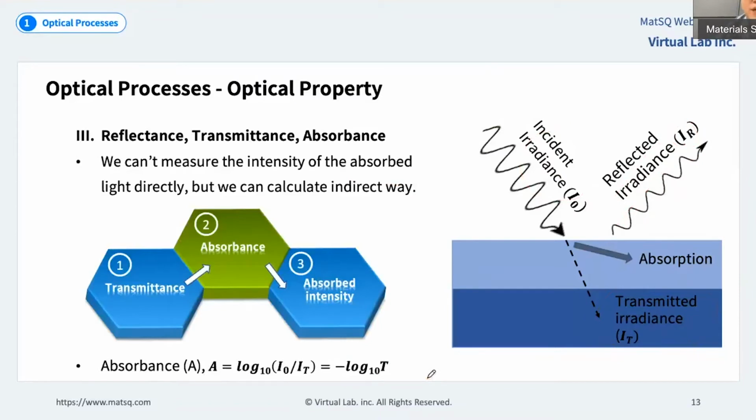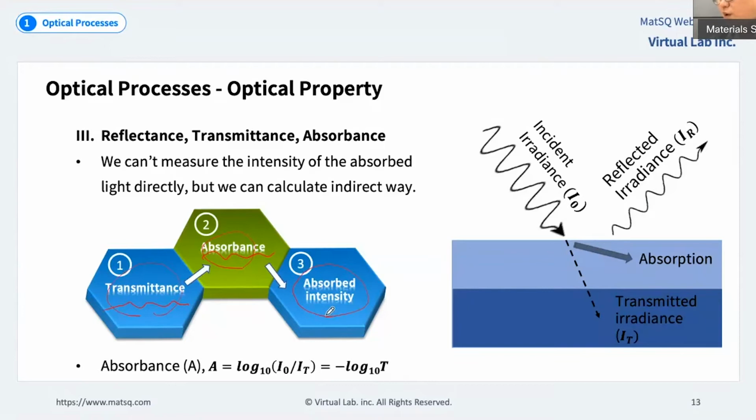Anyone would want the exact value of the intensity of absorbed light energy directly, but it is not possible. However, instead of this, the absorbed intensity can be calculated as follows. Here, I know the transmittance, and of course we know the absorbance, all right? So finally, using this one and this one, we can get the absorbed intensity here.